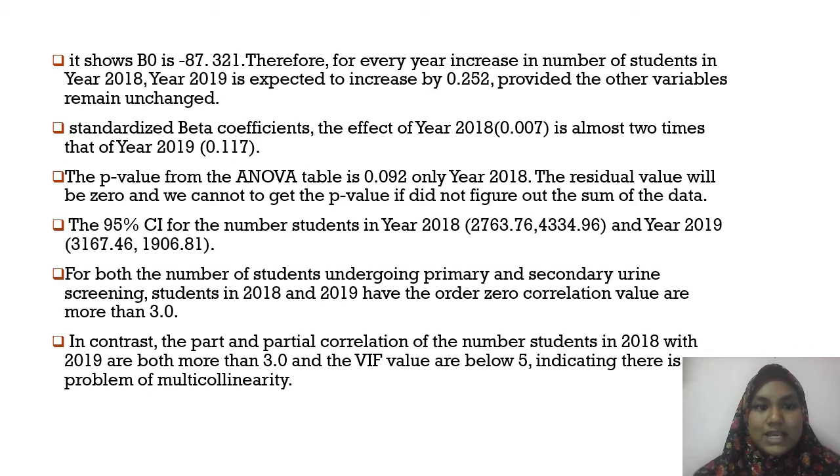Next, it shows B0 is negative 87.321. For every year increase, the number of students in 2018-2019 is expected to increase by 0.252.